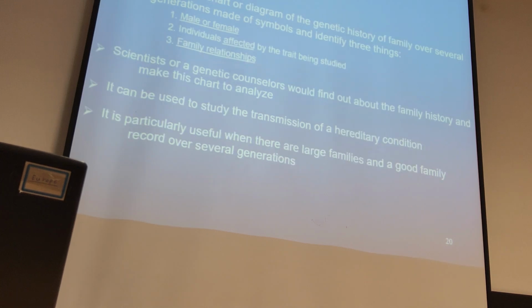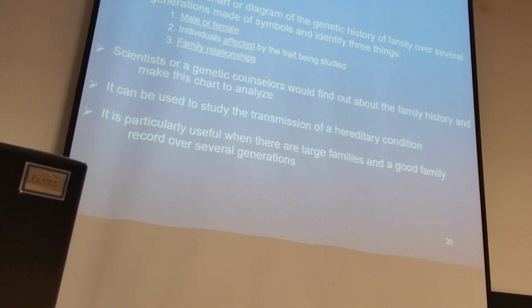With the symbols that we use in the pedigree, we must identify the sex of each individual, male or female, and affectedness, whether they are healthy or affected, and we need to identify the relationship between each individual in this chart.